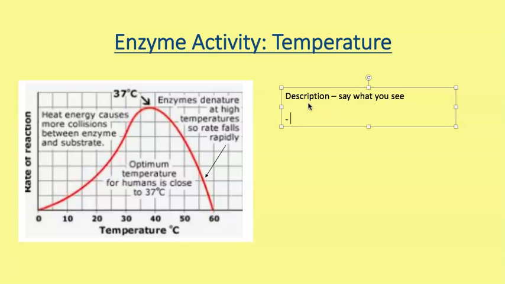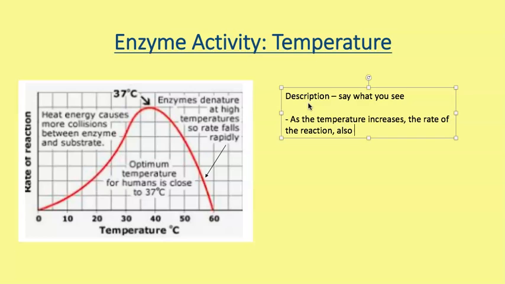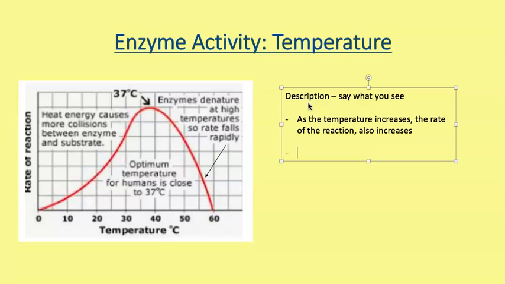So let's look at the first part of the graph. So as the temperature increases, the rate of the reaction, and in this case the enzyme activity, also increases. Okay, now there's no information about why that's happening yet, that is just a description. Okay, until it gets to 37 degrees, until 37 degrees C, and this is the optimum.